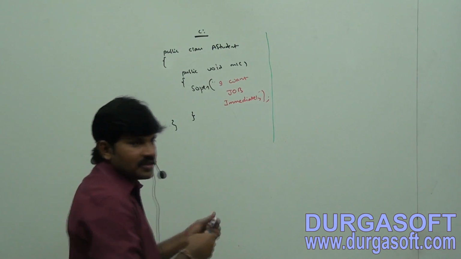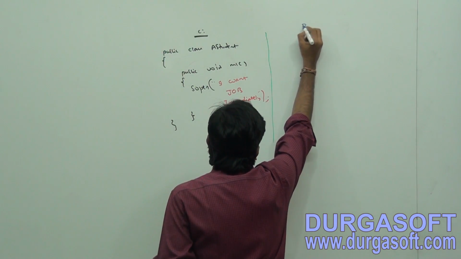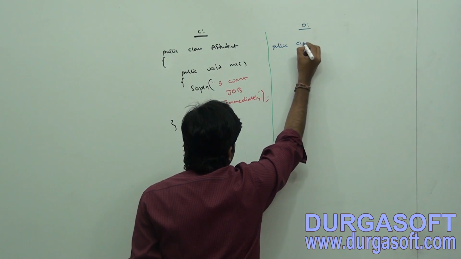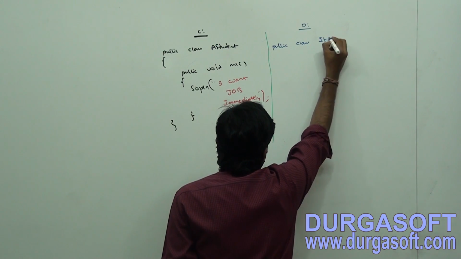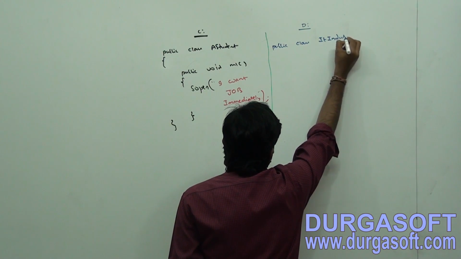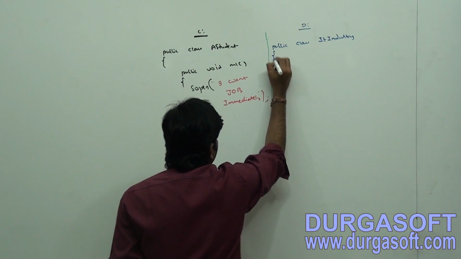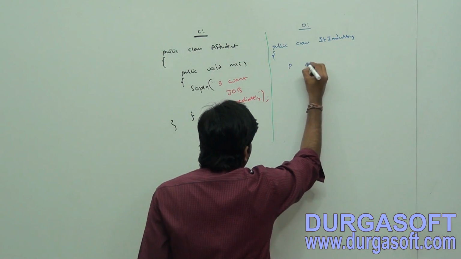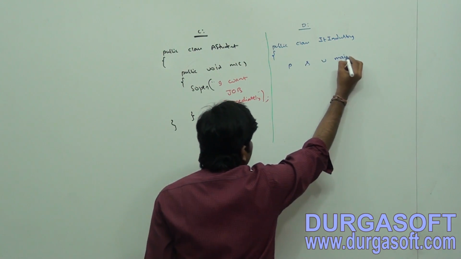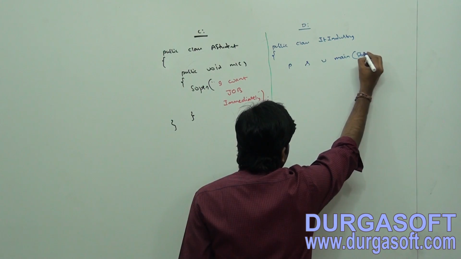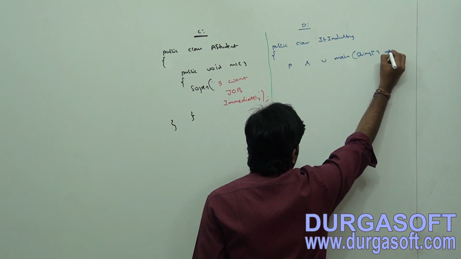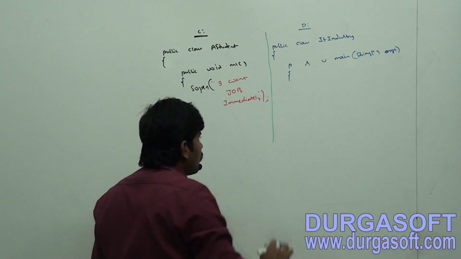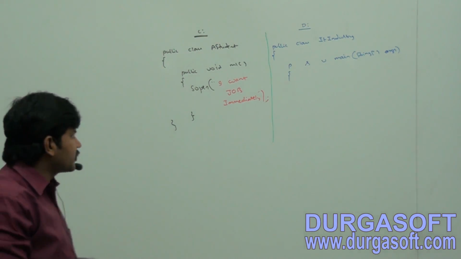In the D location, I have one class, public class IT industry. Here the main method is there, public static void main, string array args.